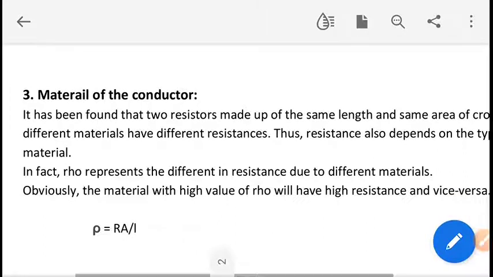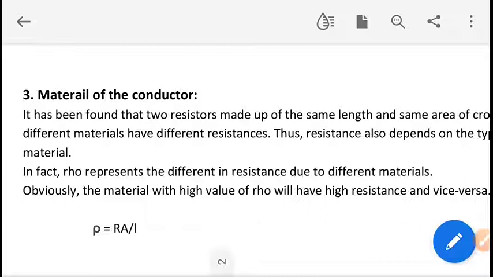So we are on factor number 3, the material of the conductor. Material of the conductor means which type of material a conductor is made of, and that also matters a lot in the case of resistance.